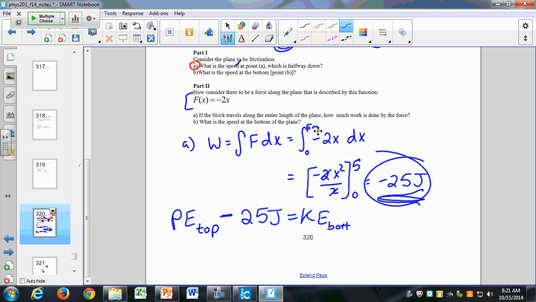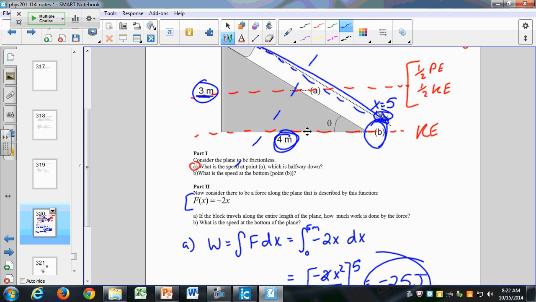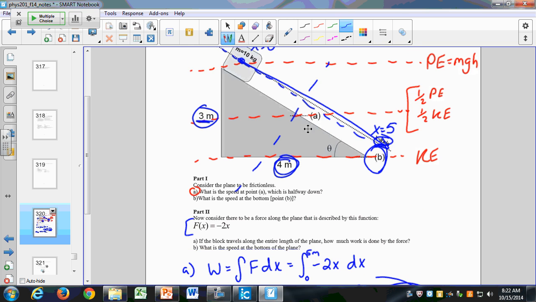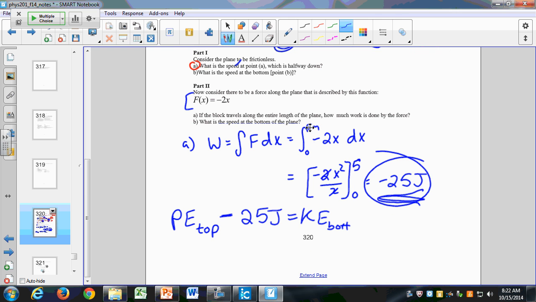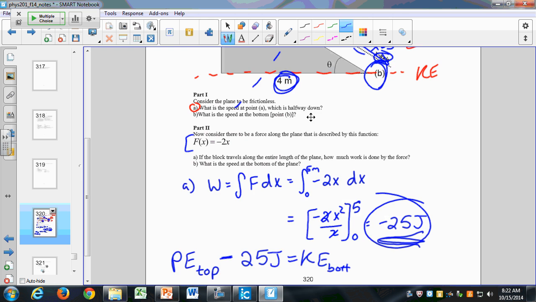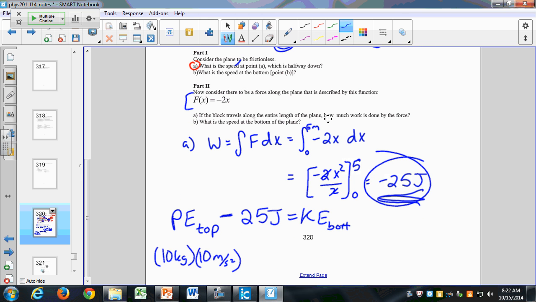And the potential energy at the top was 10 kilograms times 10 meters per second squared. That's the weight, or mg, times h. What was the height? 3 meters. Minus 25 equals 1/2 of 10 kilograms times v squared.